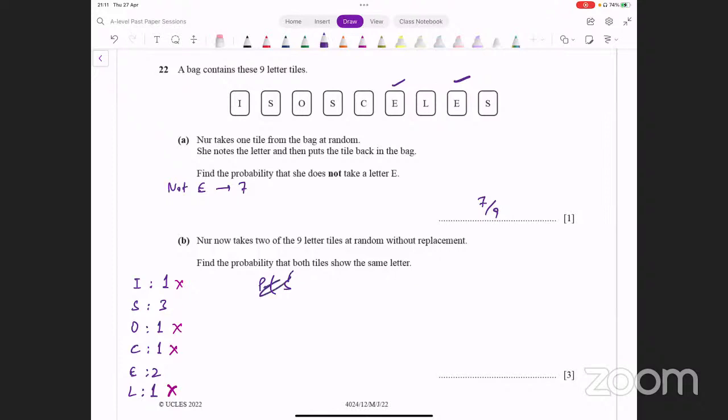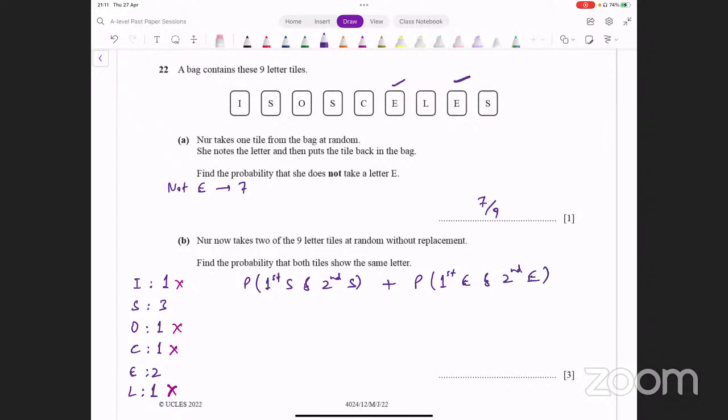So we're saying one case is probability of first S and second S. First is S, second S comes, or so there's a plus sign between them. First E comes, and at the same time the second one is also E. These are the two cases that we have.